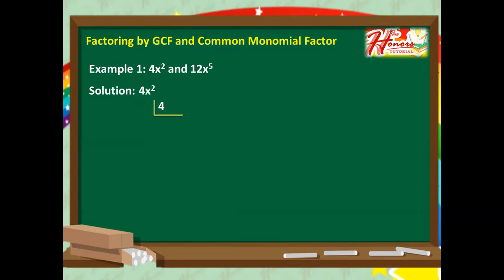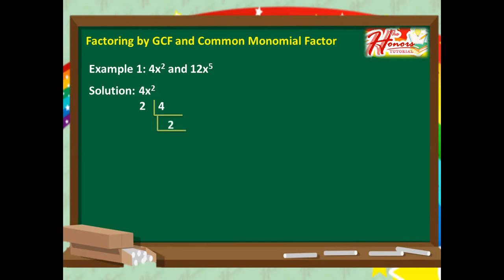So what is the prime number that can divide 4? We can use 2 because the only factors of 2 are 2 times 1, and that's it. No more factor. And also, just to give you a hint, 2 is the only even number that is considered to be a prime number. So let's divide: 4 divided by 2 is equal to 2.